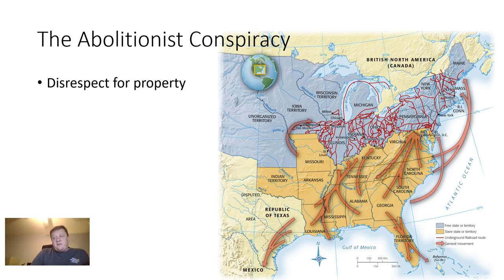Northerners, through the Underground Railroad, are stealing Southerners' property and smuggling it out of their reach. And so, from the Southern perspective, the Underground Railroad is theft, and Northerners are tolerating it, and that's obscene. Northerners are obviously violating the Constitution by supporting this theft and smuggling of property away from Southerners.